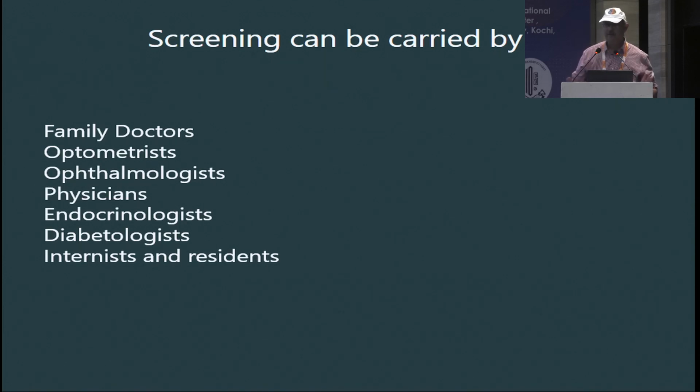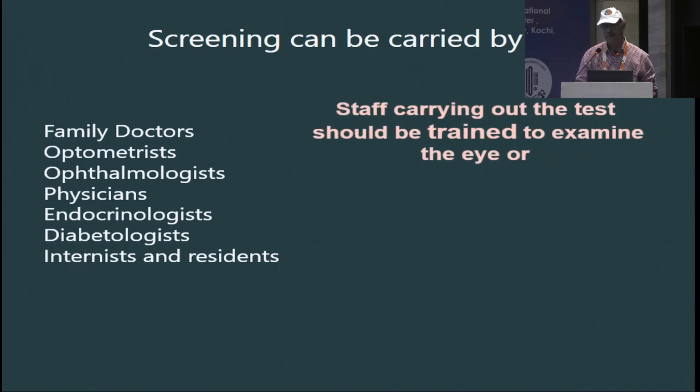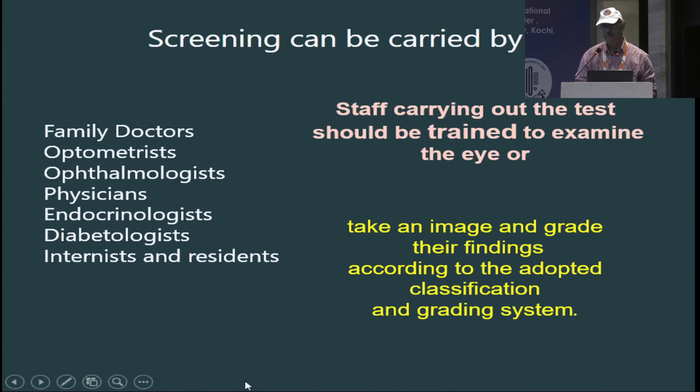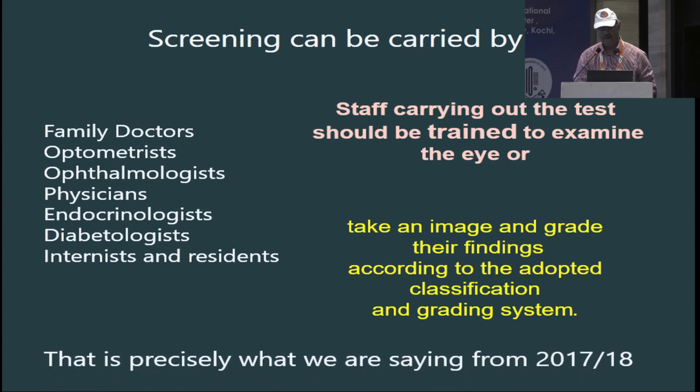So they have not left anybody. And what these human resource should do, they should be trained to examine the eye, and if it is difficult, then they should be able to interpret a picture. So that is the WHO guideline in 2020. That is precisely what we are saying, but we are saying it from now to 2017-18.